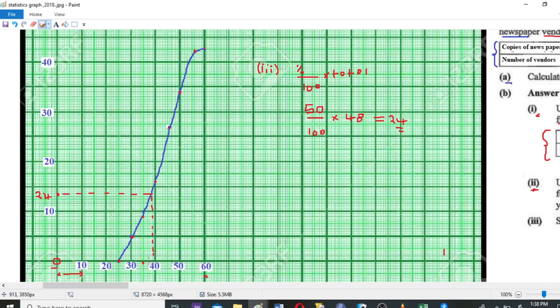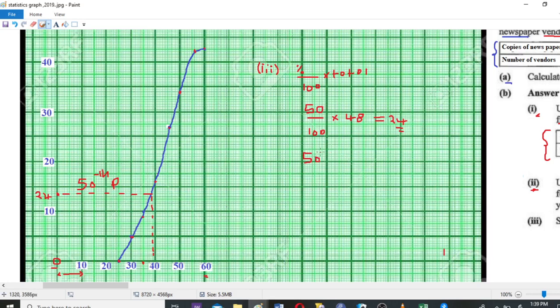So this is 35, and this is 39, right? So that's 39. We need to indicate that this is our 50th percentile, so I'll just put a P there. So what you are getting is 39, and this 39 is what is going to be your answer here.